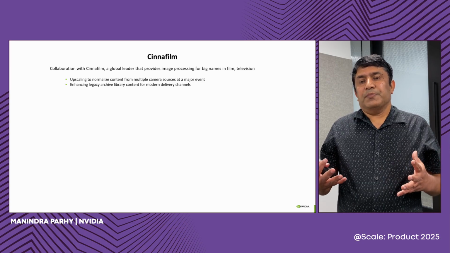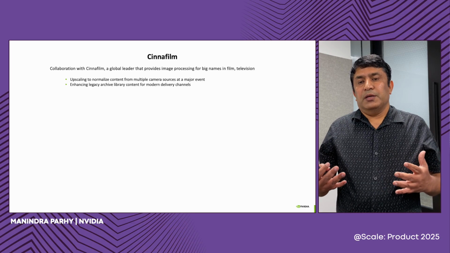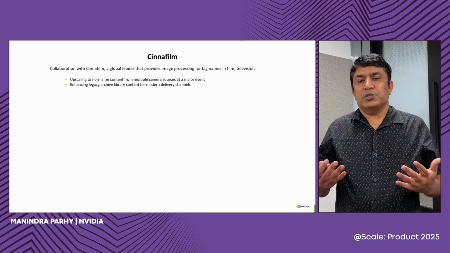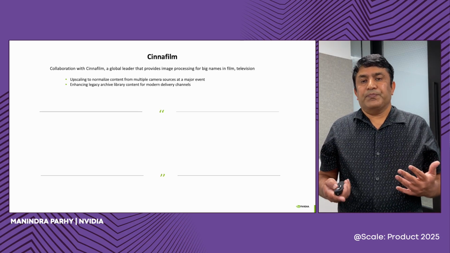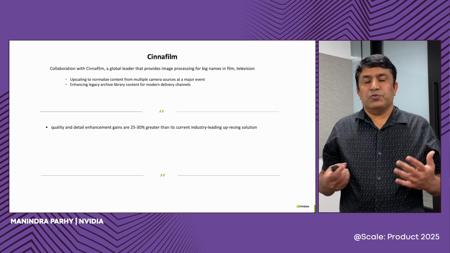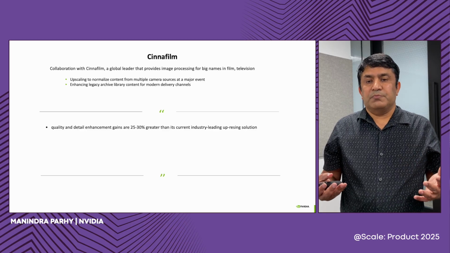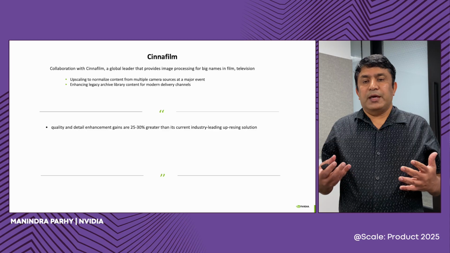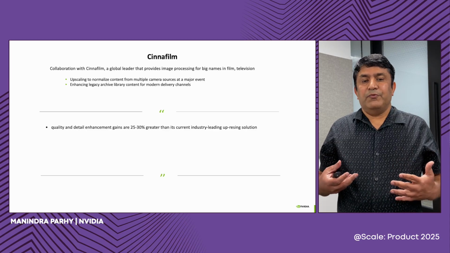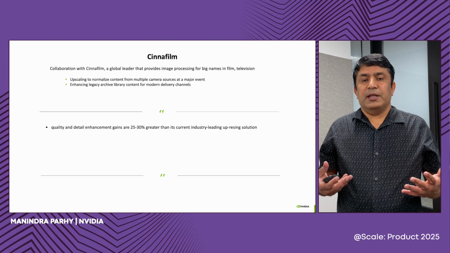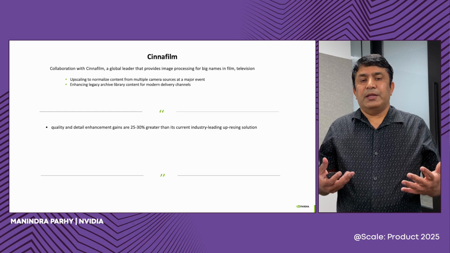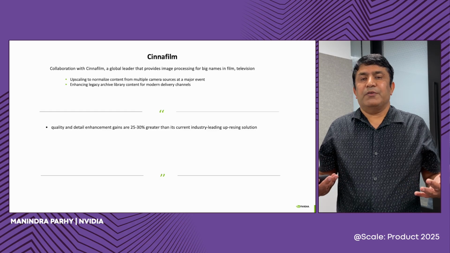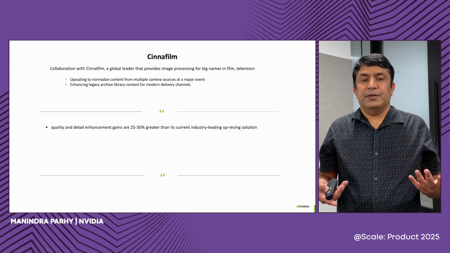So these old videos are being improved by using RTX VSR. And here I will show some quotes from them. They published a blog. What they're saying is that from the existing solution they have, using RTX VSR, they are getting quality and detail enhancement to a degree of 25 to 35% better.